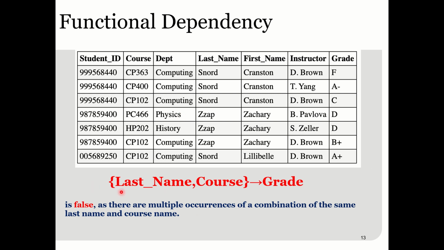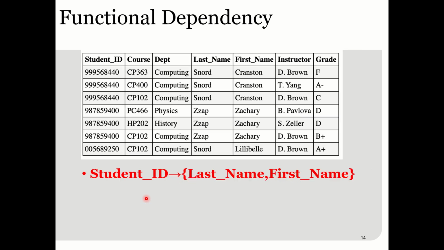So you could say that this does not hold, or this is false. This functional dependency is false because there are multiple occurrences of the combination of the same last name and the course name, where you already know the first names are different, so they are two different people. So if I'm giving you one particular functional dependency and asking you whether it is true or false, you could say that this is false.